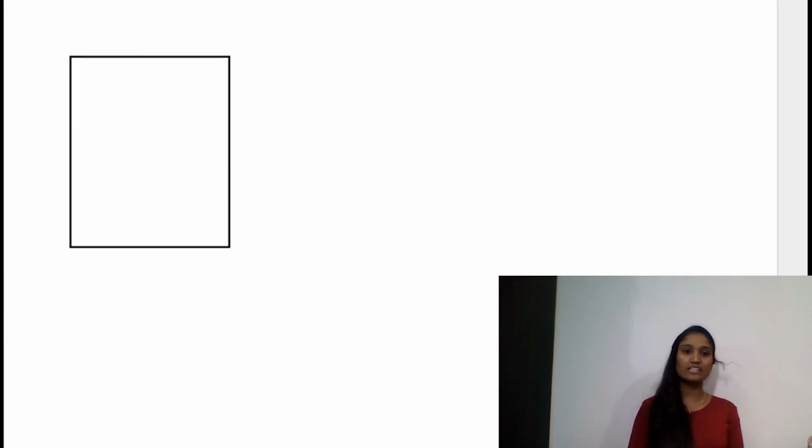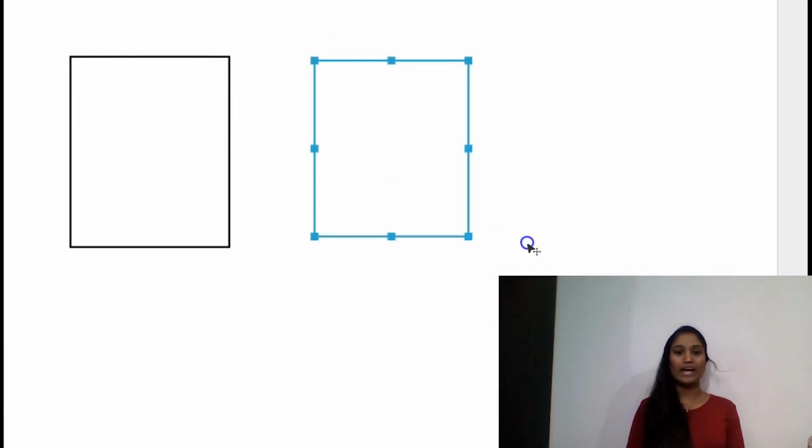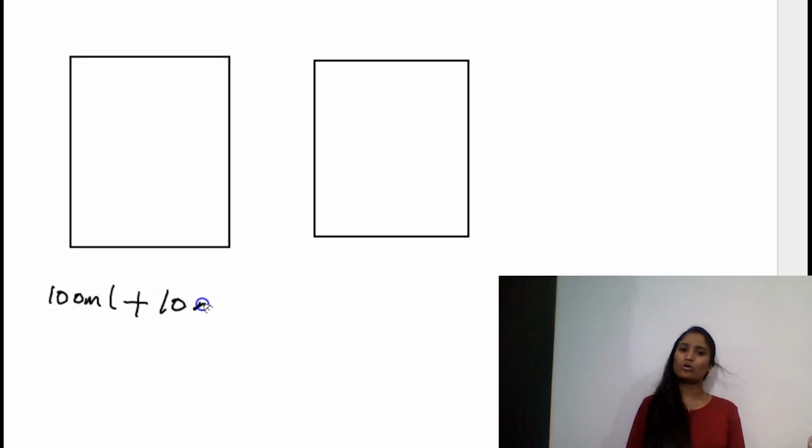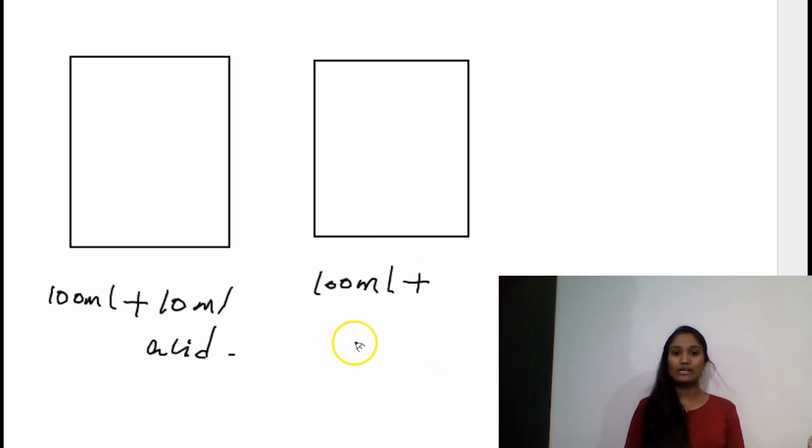Similarly, if again I talk about the containers, container 1 and container 2, and this time in spite of sugar, I am taking 100 ml of water plus maybe 10 ml of acid. Okay, and in the second container, I am taking 100 ml of water and say 50 ml of acid. In place of sugar, I just have taken acid.